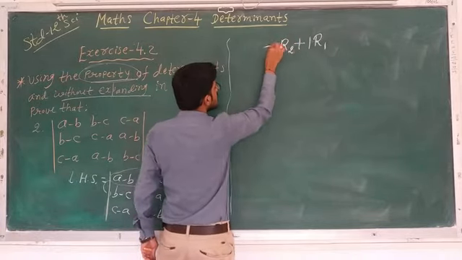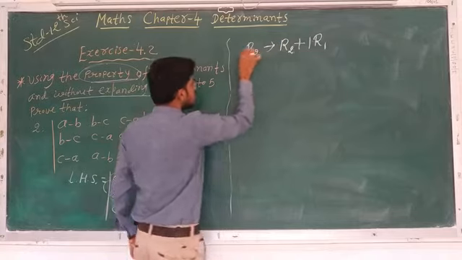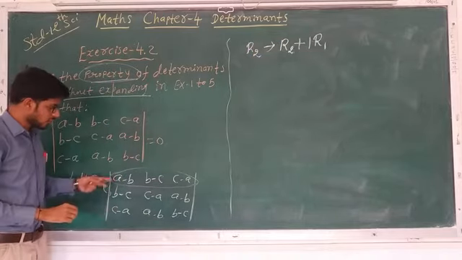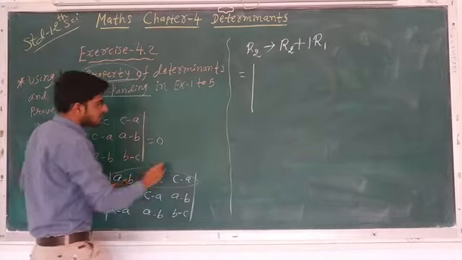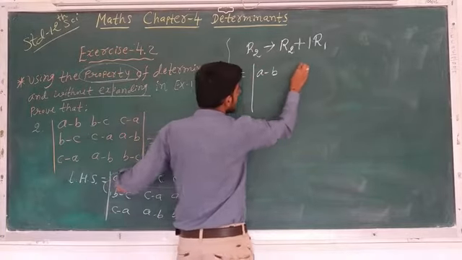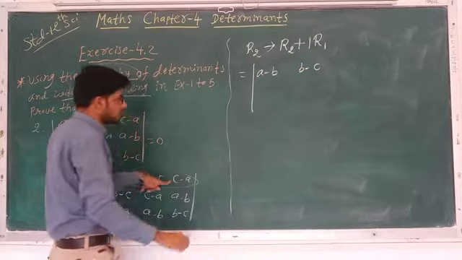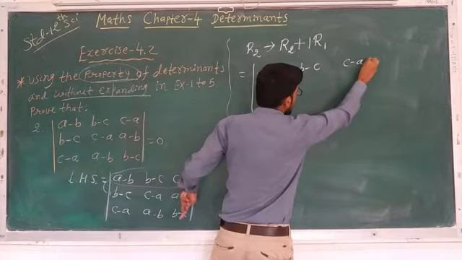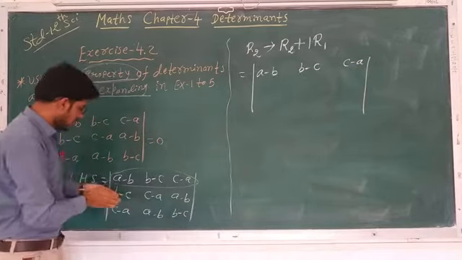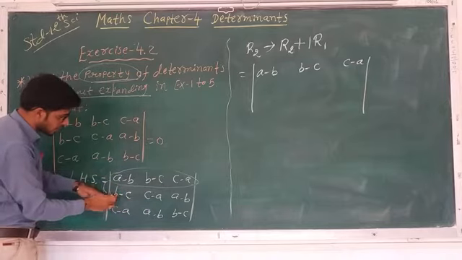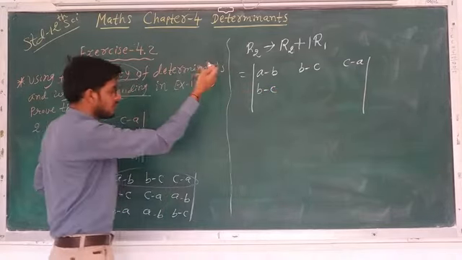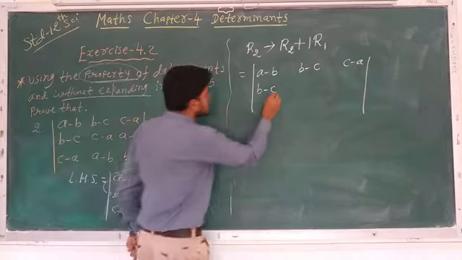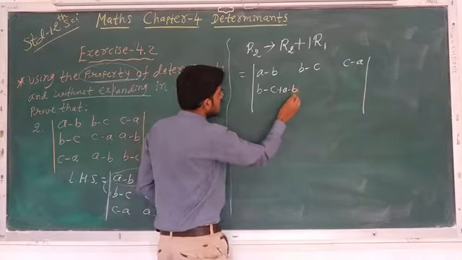So we have to apply property number 6. What is the answer? First row as it is: a minus b, b minus c, and c minus a. What about the second row? We have to add in the second row. So b minus c, first write it as it is, and add a minus b.